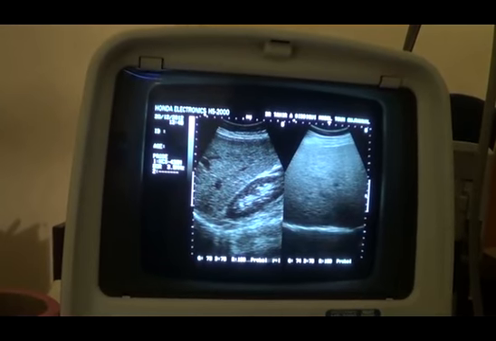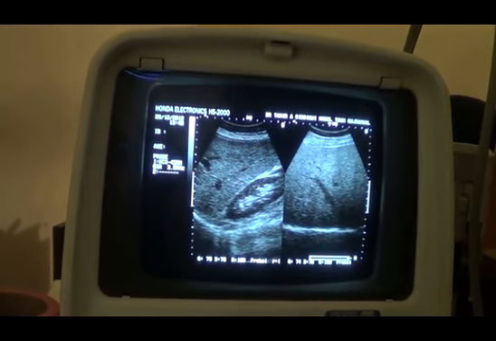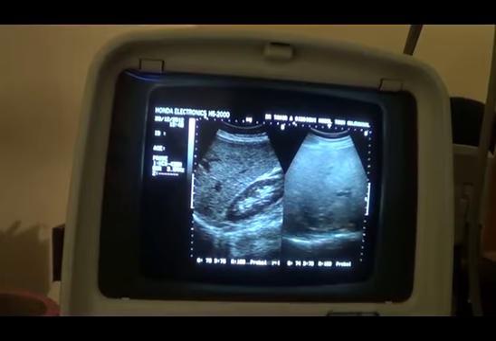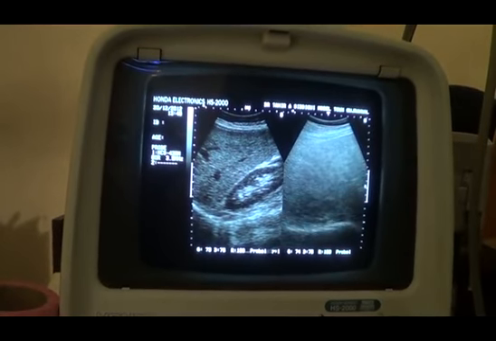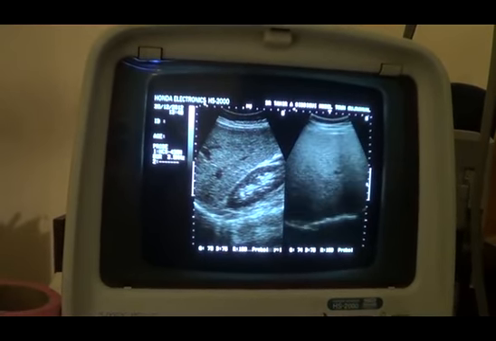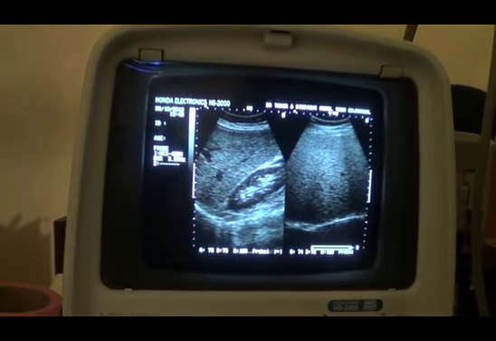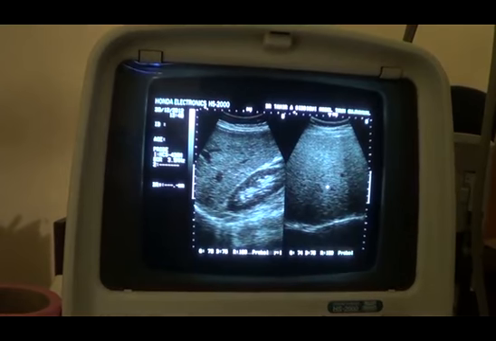Now you can see that in this liver, the vessel margin sharpness is relatively preserved, and as you approach the diaphragm, you see that the parenchyma shows attenuation of the echo brightness.